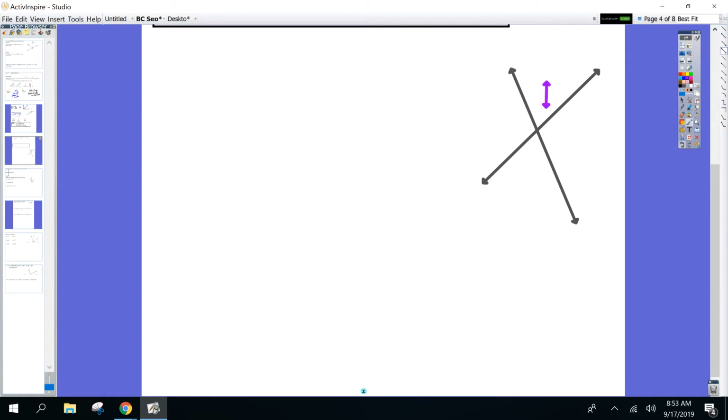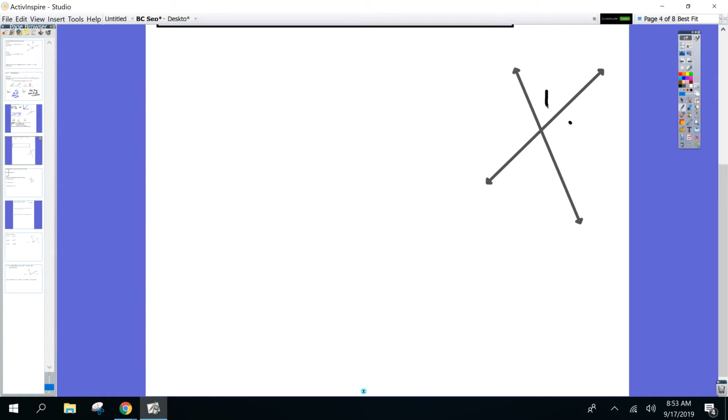How about these? The opposite ones are vertical. So 1 and 3 are vertical, 2 and 4 are vertical. But they have to be formed by intersecting lines. They just can't be opposite.